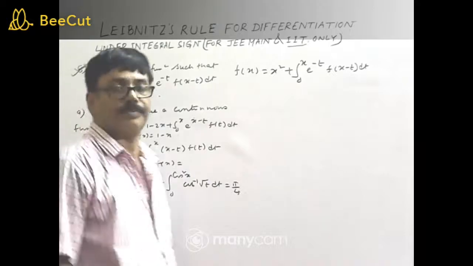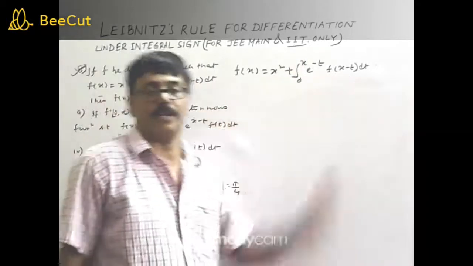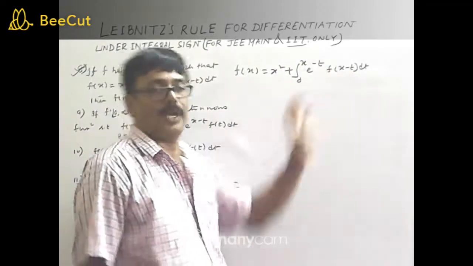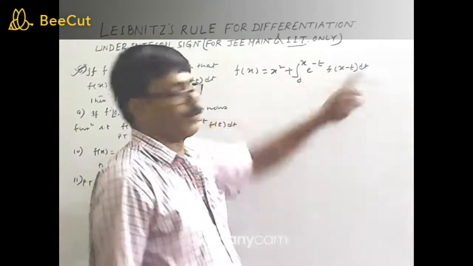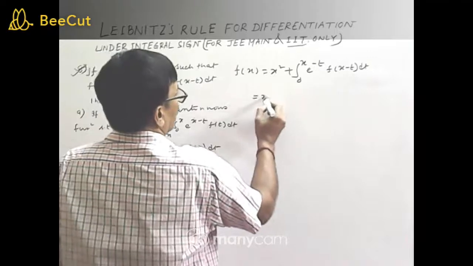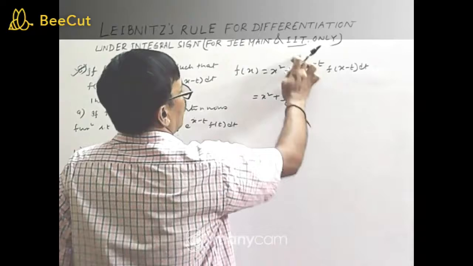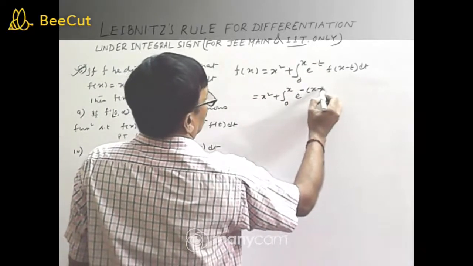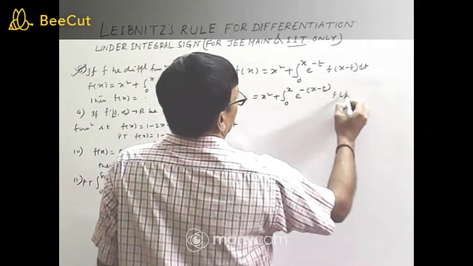So look, this one is not a function of a single variable. This is a function of two variables here. So our main aim will be to express it in terms of a single variable. So look, x square, and e to the power minus x plus t, f(t).